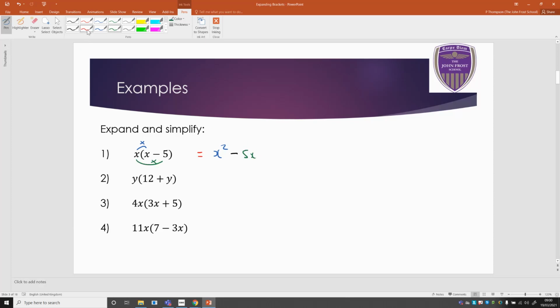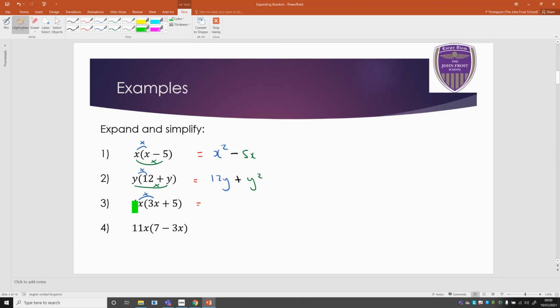It's that easy, okay? This one, I'll just do y times 12. Well, that's 12y. There's going to be a plus in the middle. And then y times y would be y squared. Easy. This one, a bit more complicated. 4x times 3x.